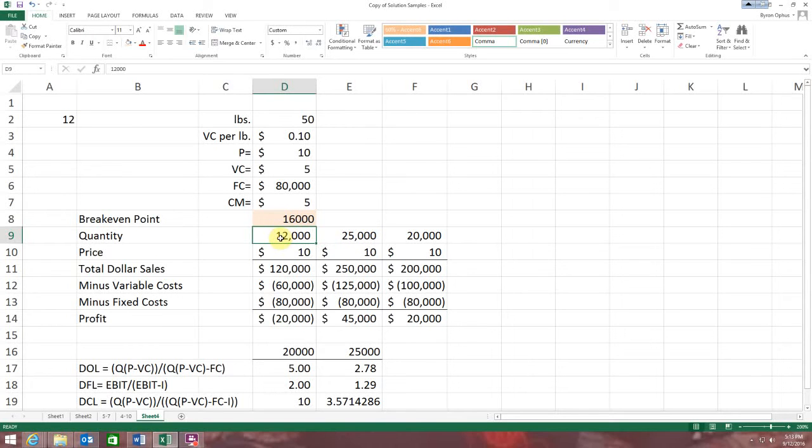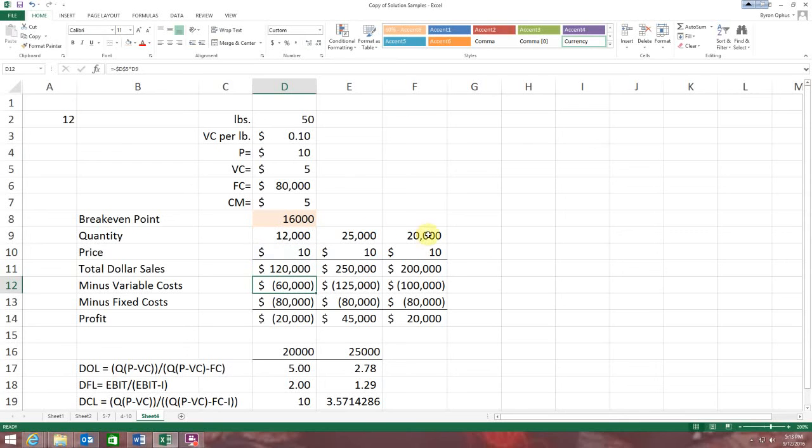So if I plug it in, and again I just set it up so I've got my quantity for these. Look at these first two. This one comes into play in our last one. Okay, my price, which I take from up here, is just 10 bucks. So my total dollar sales are simply equal to my price times my quantity.